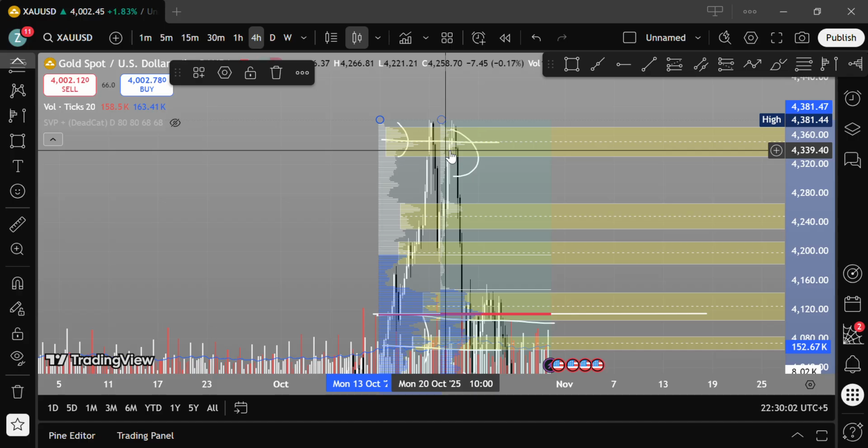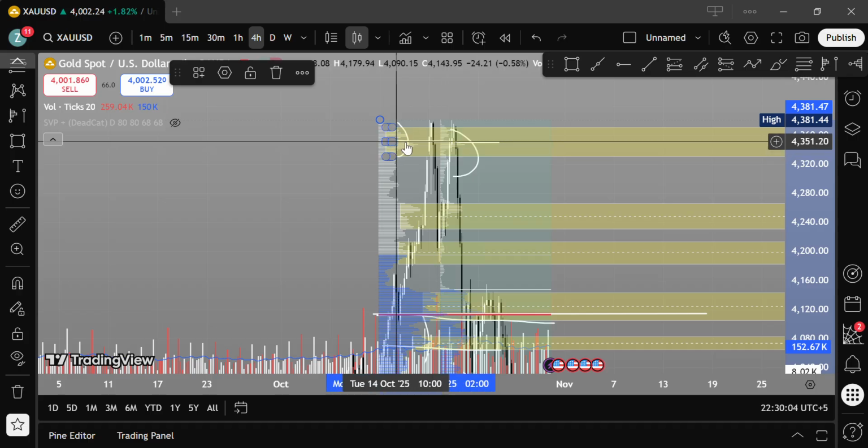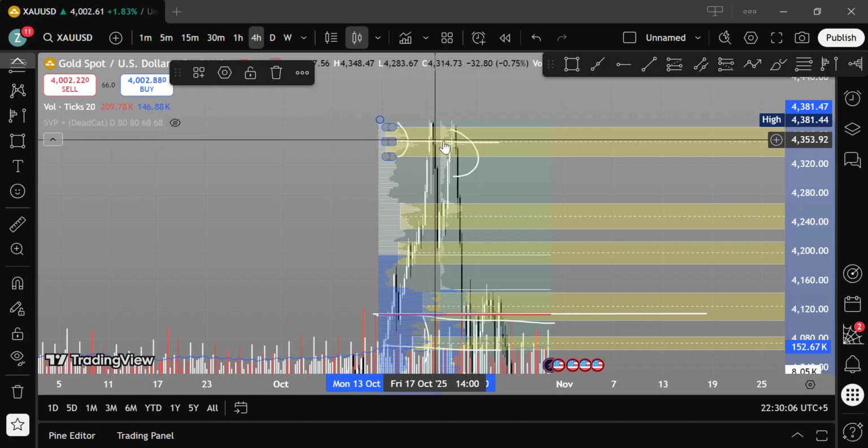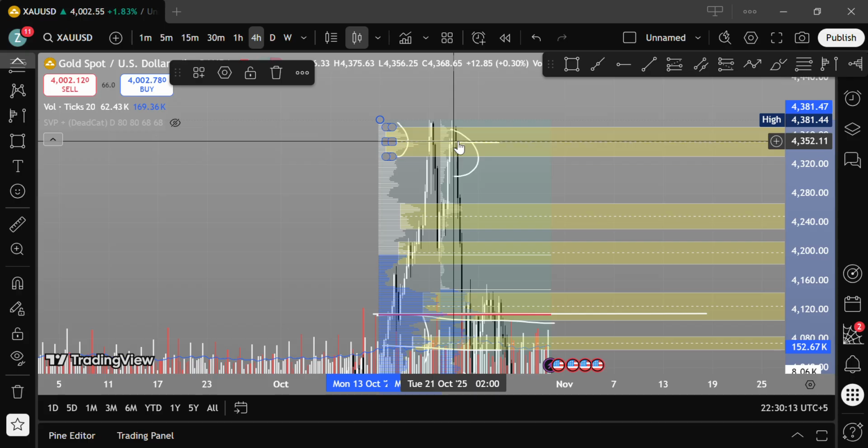What does this indicate? It clearly indicates that someone is interfering manually here. If it is not manual, I will think it is an algorithm, because the same thing happening twice is basically algorithmic intervention or manual intervention.